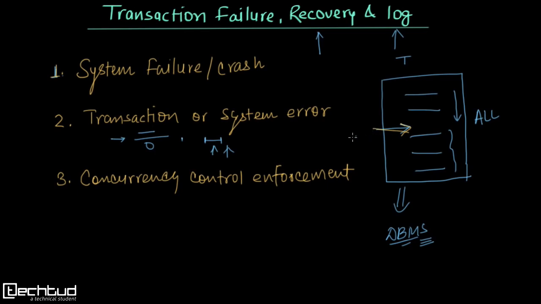Okay, so let's imagine a situation when this transaction is in between, right? Multiple transactions are executing, let's say T1, T2, T3, multiple transactions are executing together, and now these transactions have caused a situation of deadlock.